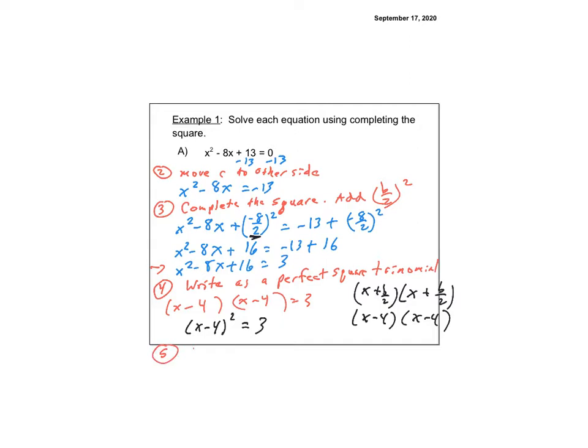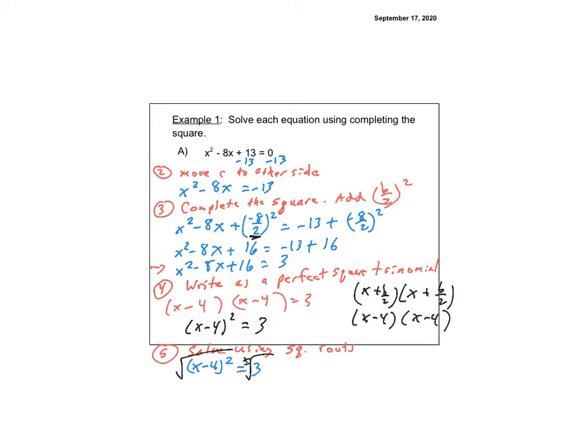All right, so our fifth step is to solve using square roots. We can take our x minus 4 squared equals 3, and what we want to do there is take the square root of both sides.